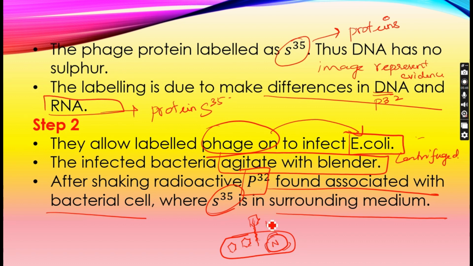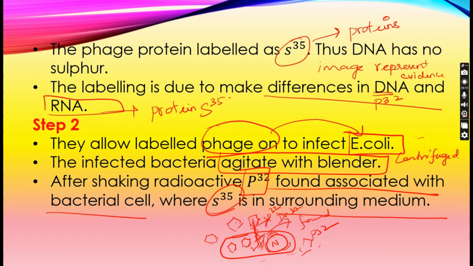So when it was agitated off, the genetic material found associated with the E. coli can be found as phosphate 32 labeled, whereas the surrounding medium consists of protein shell, which means a protein shell without any genetic material is found in the surrounding medium. So the genetic material which is transferred is only phosphate 32 labeled DNA.